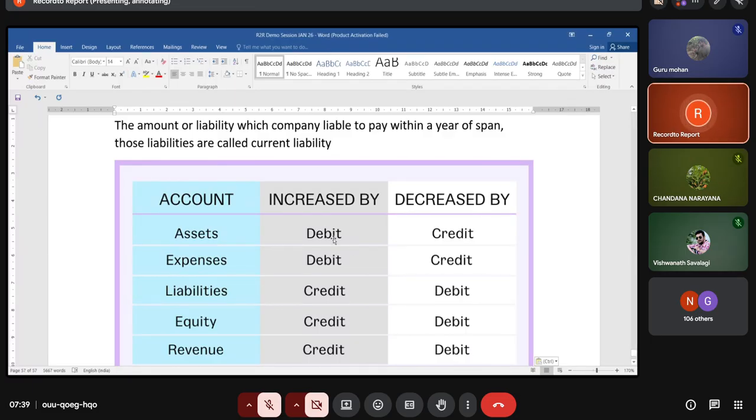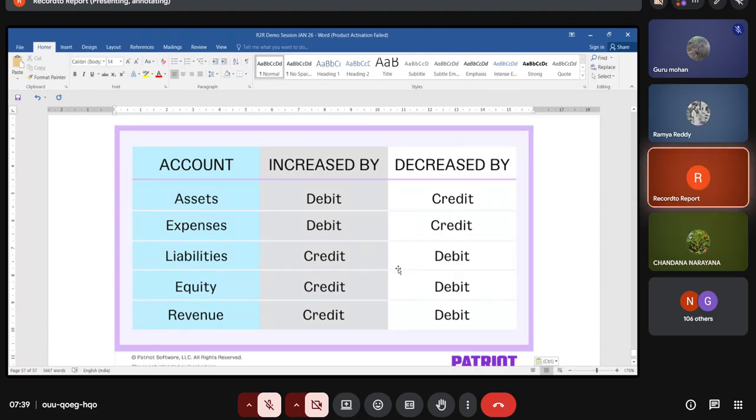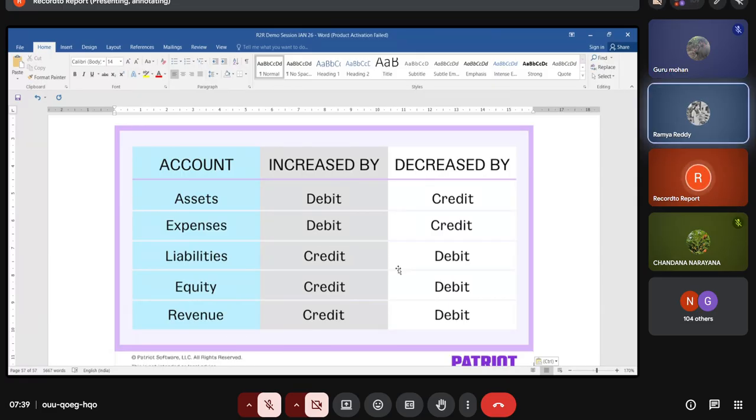When the asset increases, as per the real account rule, is it debit or credit? Debit. When the asset value decreases, debit or credit? Credit. Same way, as per the nominal rule of accounting, when the expenses increase, debit or credit?